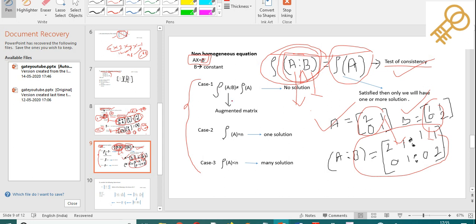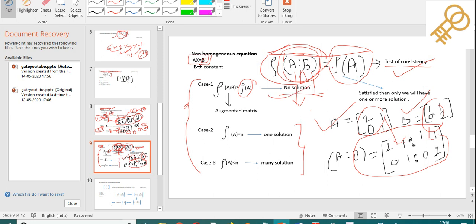Case 1 says that if the rank of the augmented matrix [A:B] is not equal to the rank of matrix A, in that case you will get no solution. Only after checking the consistency can you decide whether it will give one solution, many solutions, or no solutions. How?